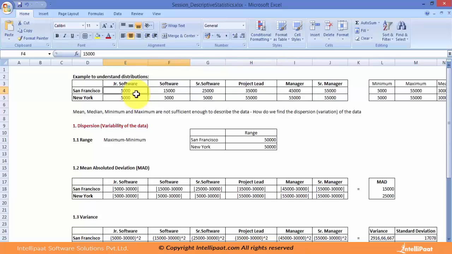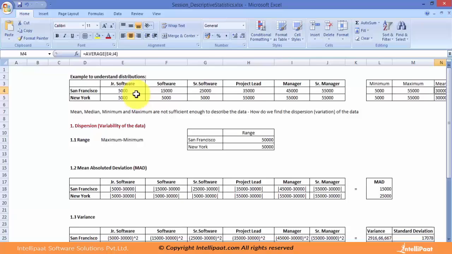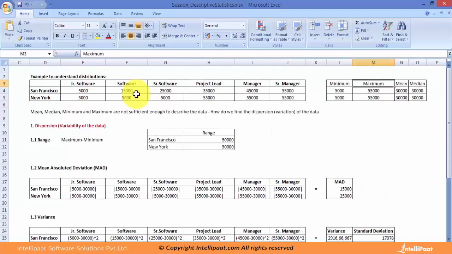It is good that it is already ordered: as the designation increases, it is obvious that salary would also increase. Now I want to know the mean of the salary, so here I have populated my summary.